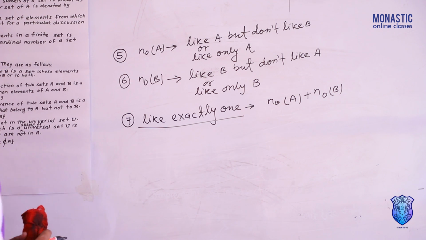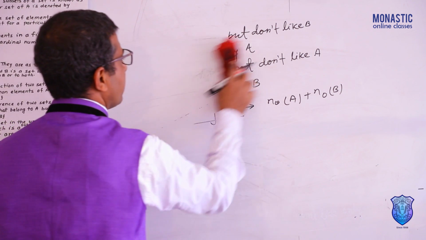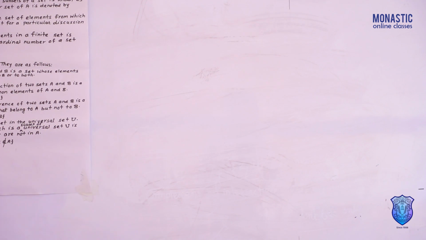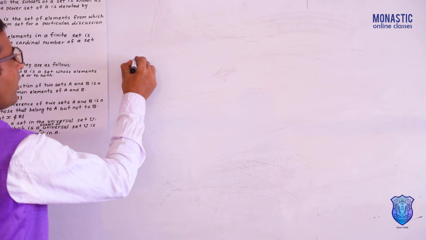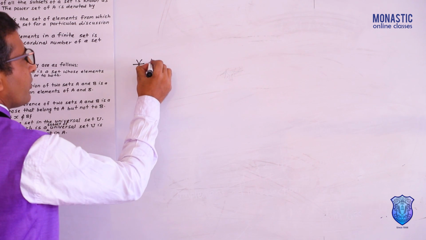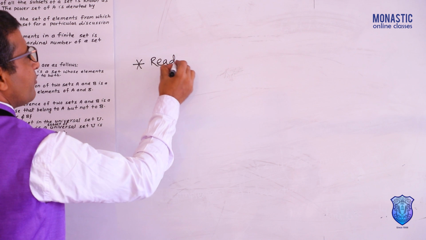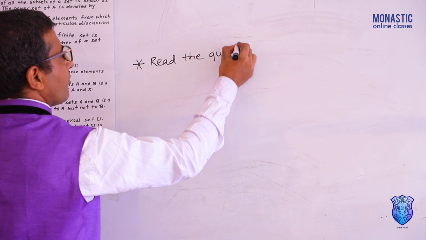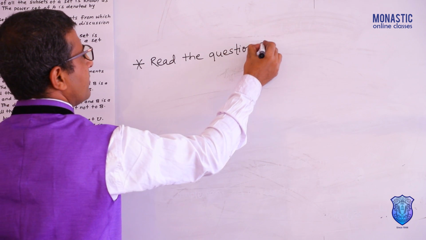Then we have to remember a few points, then the formulas. When we are solving a verbal question in sets, what are the points we have to remember? First point, read the question properly.